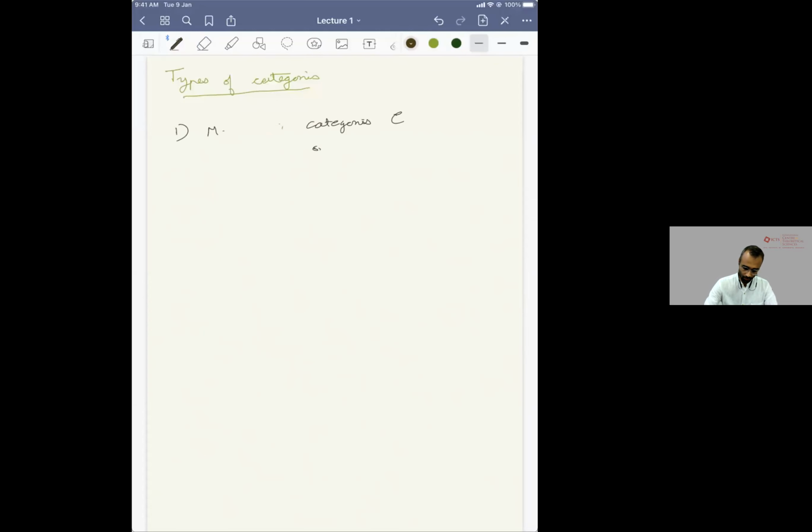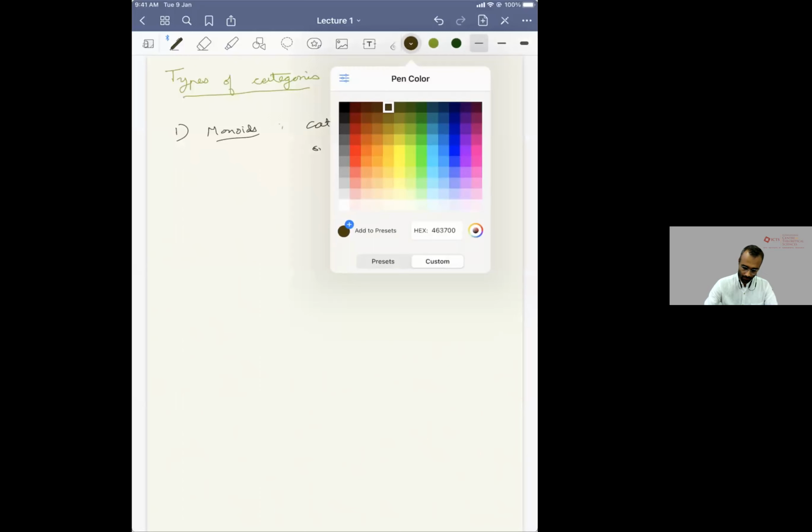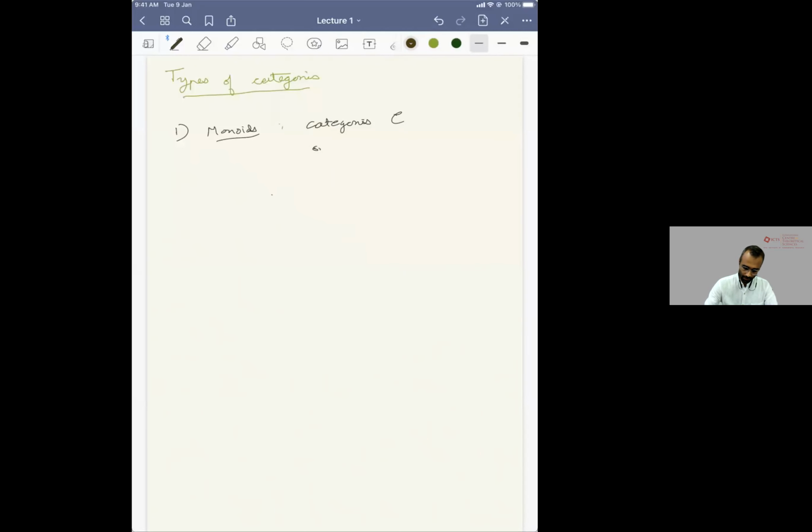Monoids are the same thing, if you think about it, as categories C where the objects of C is just a single point. So if I have a category with just one object, the set of arrows from that object to itself has a composition, a multiplication, which makes it into a monoid.